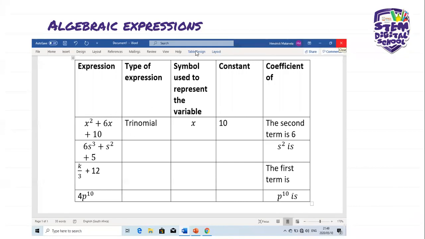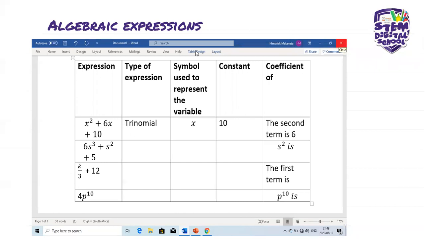The type of expression in this case will be a monomial. So this is a monomial. And of course, we are talking here about a monomial. Is there any constant? There is no constant, all right? There's no constant in this case.